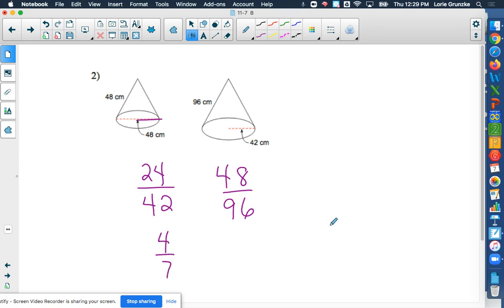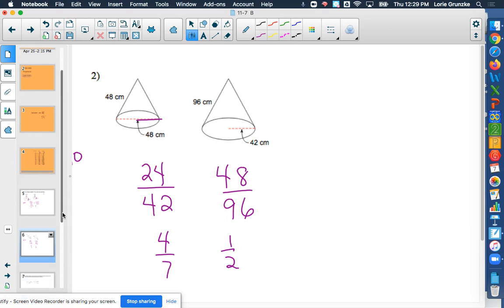I was a little slow there. So try your 48 divided by 96, or ABC button. Uh-oh, 1 over 2. So are they similar? No. So the answer on this one is just simply no, because the ratios don't reduce to the same amount. So basically there's no scale factor on that one.